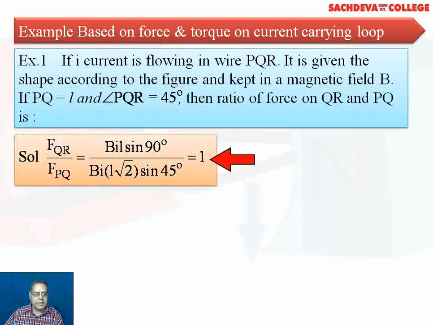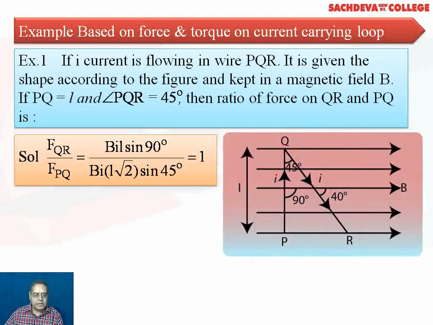That is BIL sine 90 divided by BI into L root 2 sine 45. Sine 45 can be taken as 1 over root 2. After calculation, it becomes 1.